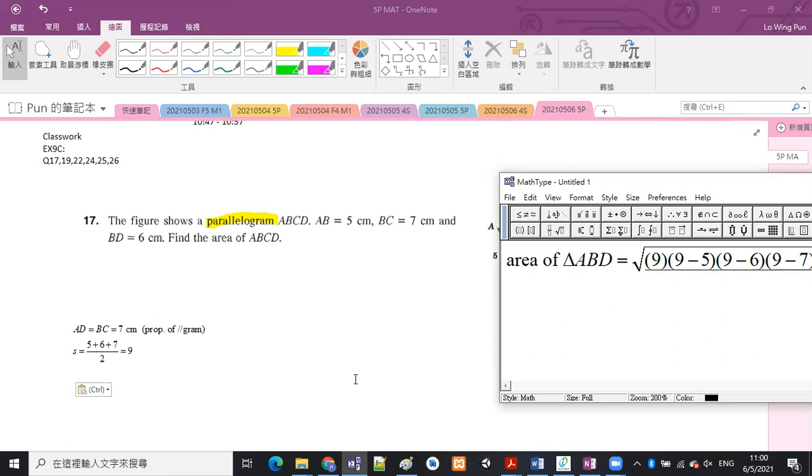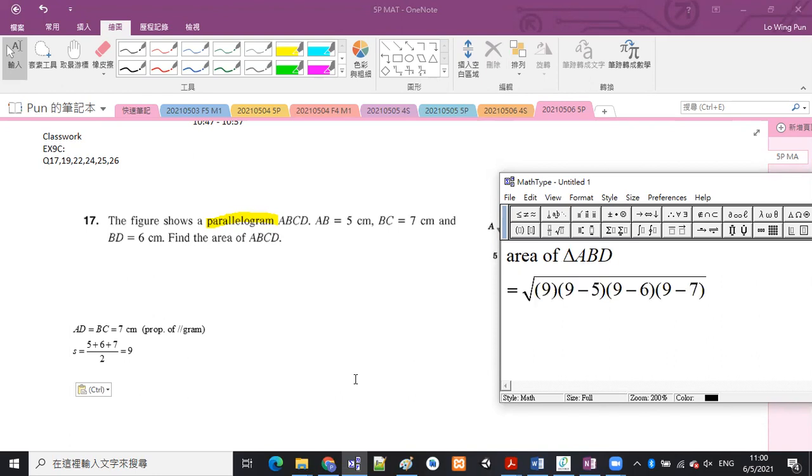It is S times S minus A times S minus B times S minus C. And that will be 9, 4, 3, 2. And then using the calculator here, should be 14.69 something.